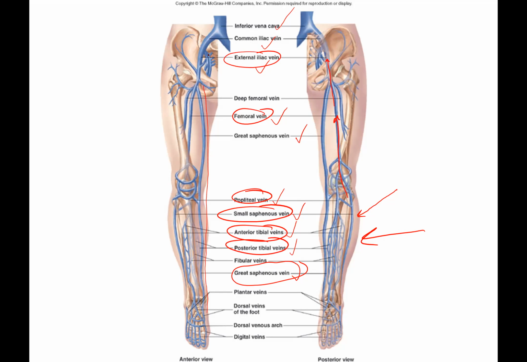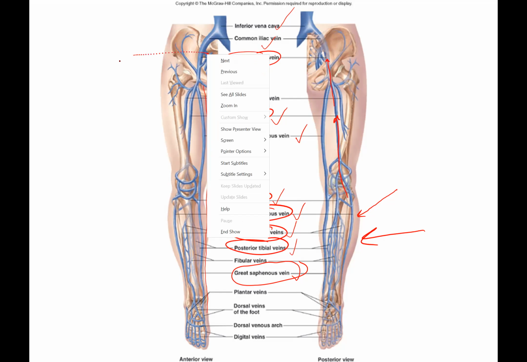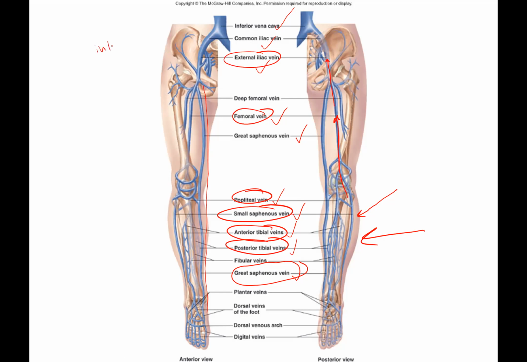Then you also have the internal iliac vein. All right. The external iliac vein then drains into the common iliac vein. Okay, which then drains into the inferior vena cava. All right, that eventually gets back to the right atrium of the heart.